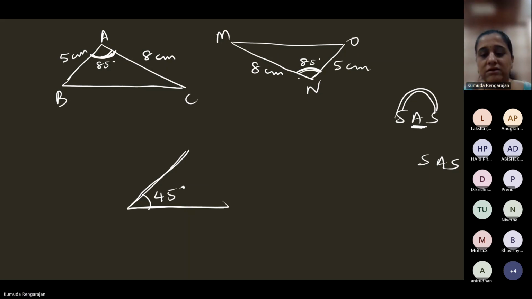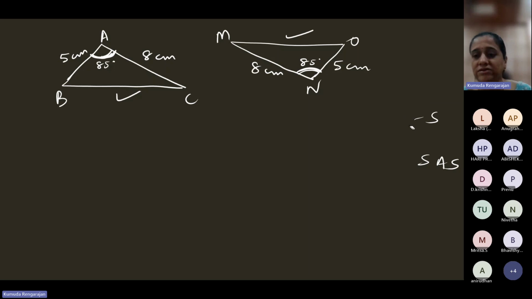And here, the arms of the angle, 85 degrees, are NO and NM. So if you're using SAS, you must make use of these sides, not any other, so these two sides will not be in the picture. Just listen to me. I'll tell you something else later. You'll understand better.